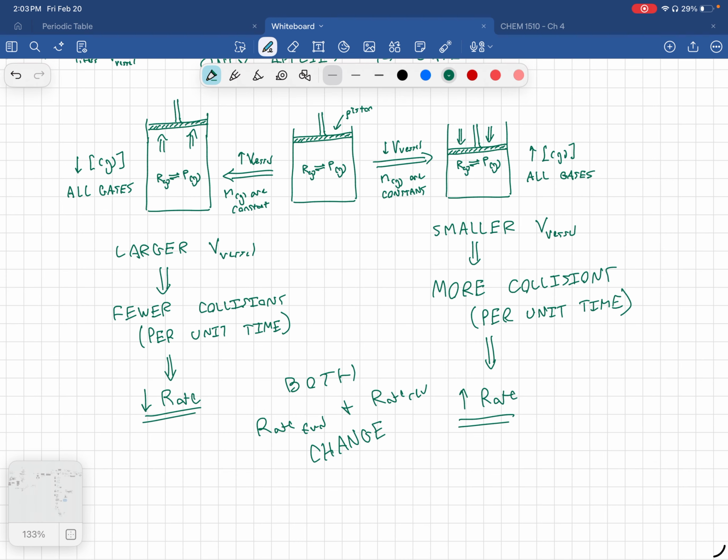In other words, we are either making all of our reaction rates with associated gases slower, or we're making all of them faster. Like making the vessel bigger, meaning there's more room for the particles to spread out, and thus they collide less often per unit time. So our rates all go down, but the forward and the reverse rates are not going to go down equally.